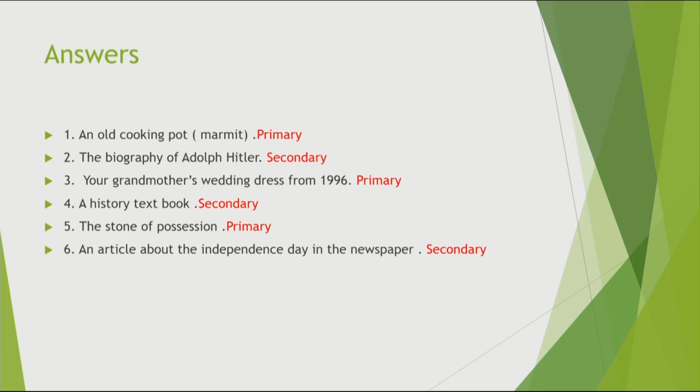Number 3, your grandmother's wedding dress from 1996 is a primary source. Number 4, a history textbook is a secondary source. Number 5, the stone of possession is a primary source. And number 6, an article about the Independence Day in the newspaper is a secondary source.